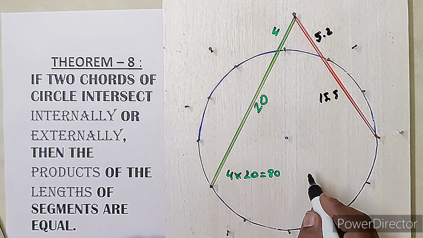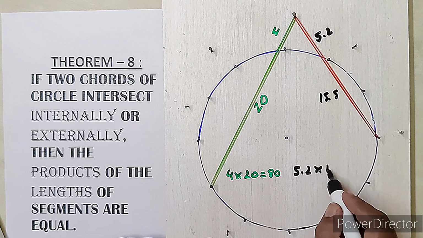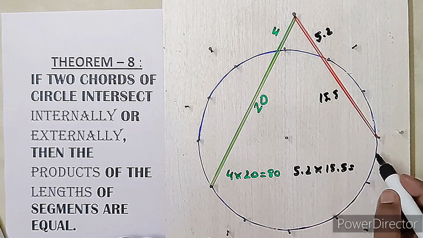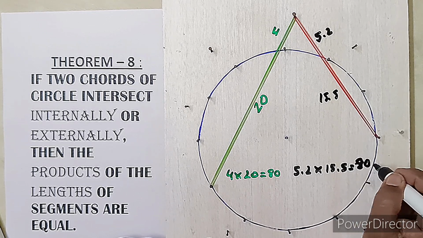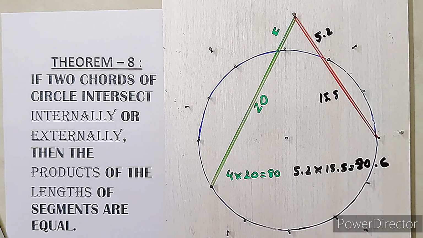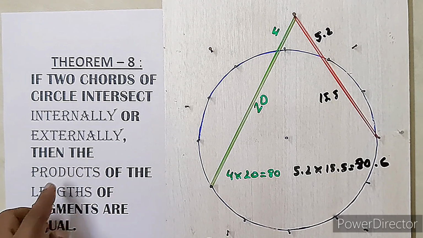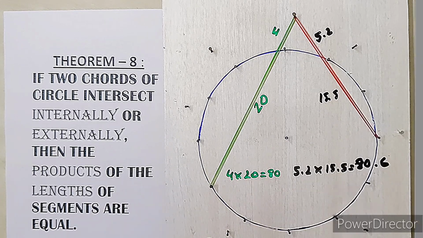If I multiply 5.2 into 15.5, I get it as 80.6. So with an experimental error of 0.6, we are getting it as nearly the same. So for external intersection also, the products of the line lengths of the two segments are equal. So this is also verified.